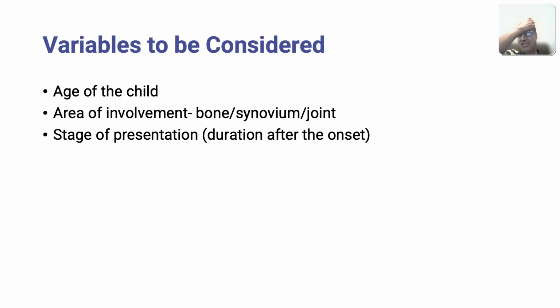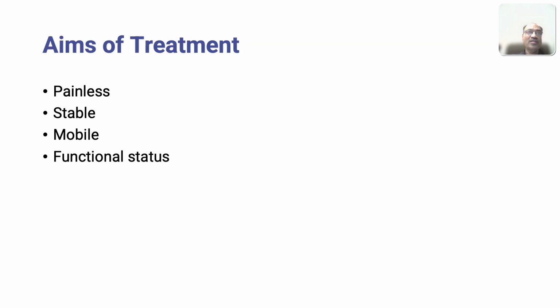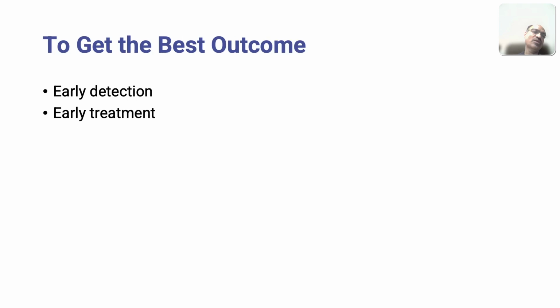The duration, whether it's bone, joints, or the synovium that is involved, the presence of deformity, or tuberculosis associated with complications, either subluxation, dislocation, or any other advanced complication. Next slides. The goal of the treatment of tuberculosis is to get a painless, stable, mobile, and functional status as much as possible. Next slide. The key of the management to get the best outcome is to detect early and treat early.